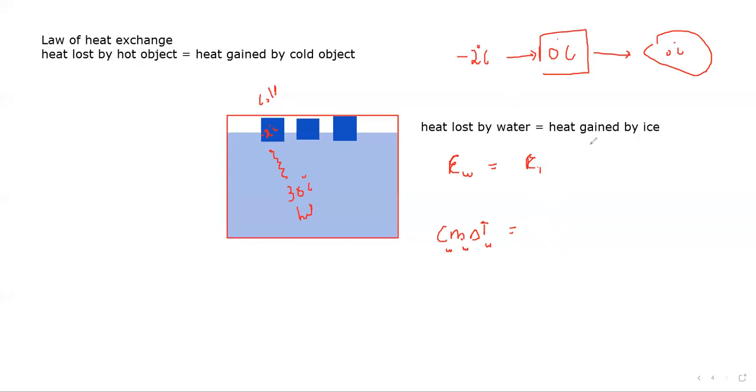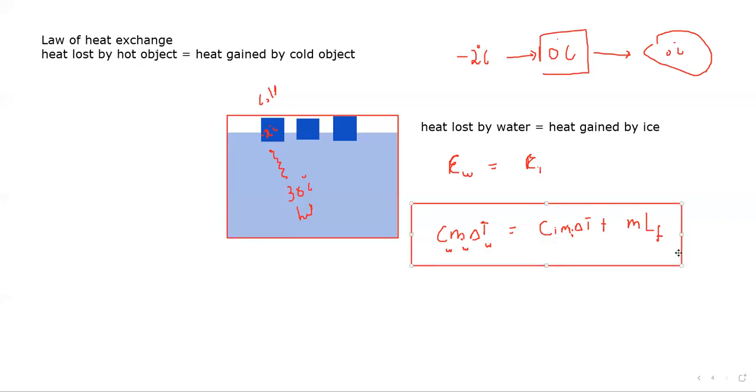So the heat gained by the ice is used first to change the temperature of the ice and then to melt the ice. So first it will be specific heat of ice, mass of ice, and change in temperature of the ice, plus, because the ice will melt, mass times the latent heat of fusion of ice. So this will be the equation you will use in this case.